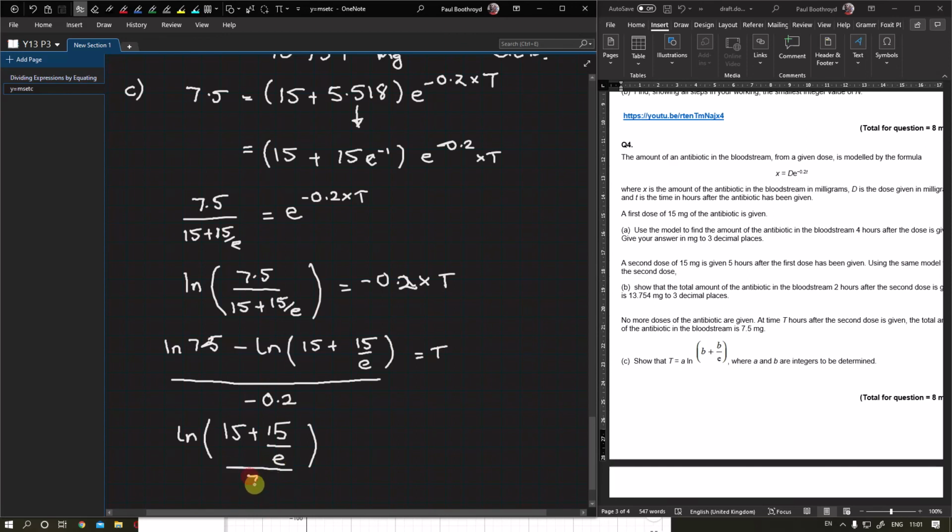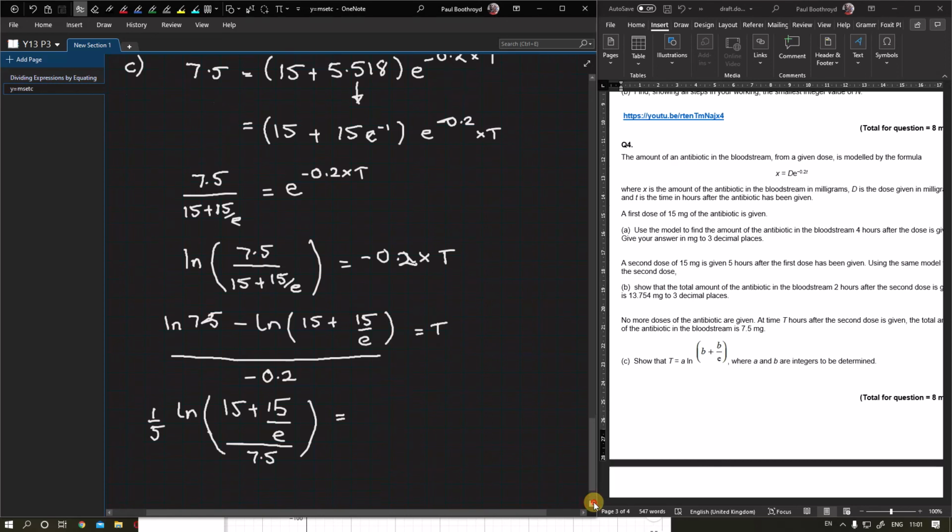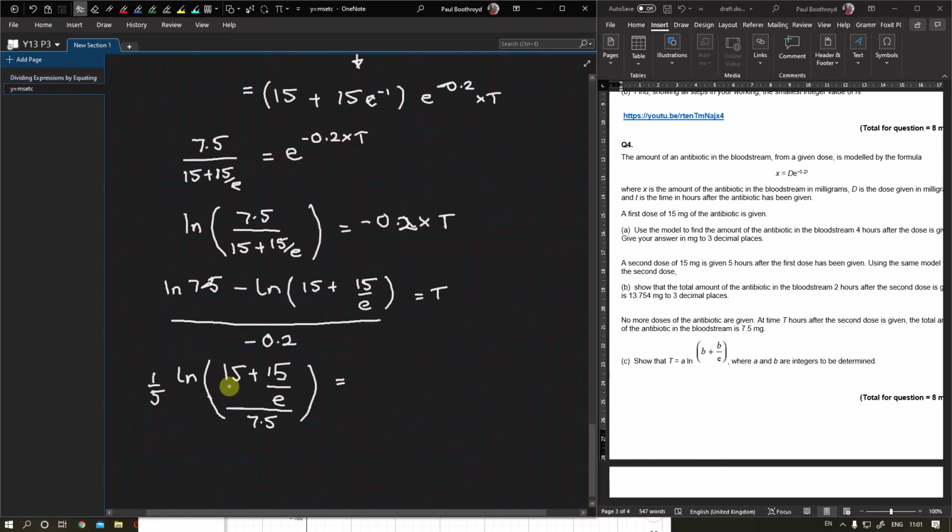So this divides by 7.5, flip, and then reversing this, putting back into a single log, and we've got 1/5 is t. Simplify through, and we get 1/5 of ln of 2 plus 2 over e is my value t. So a equals 0.2 and b equals 2.